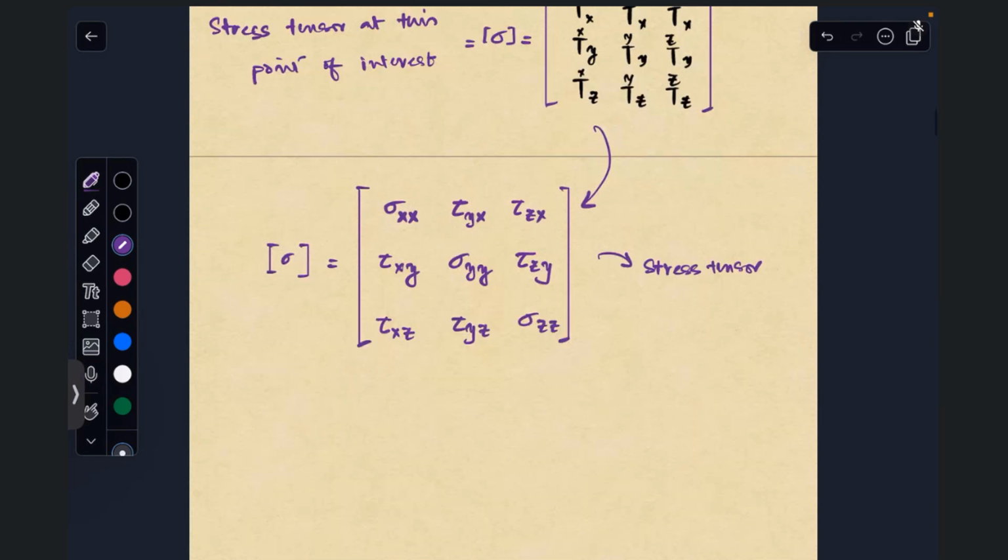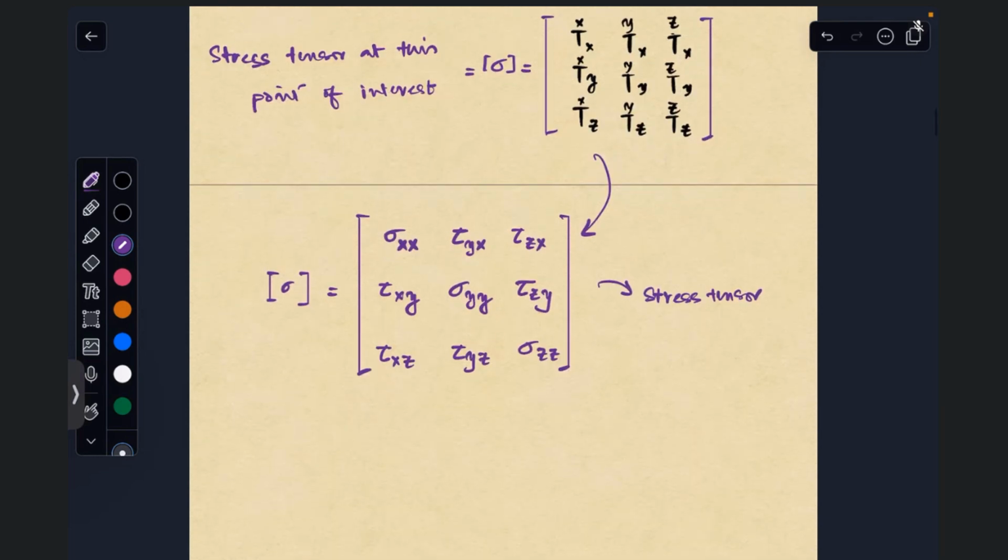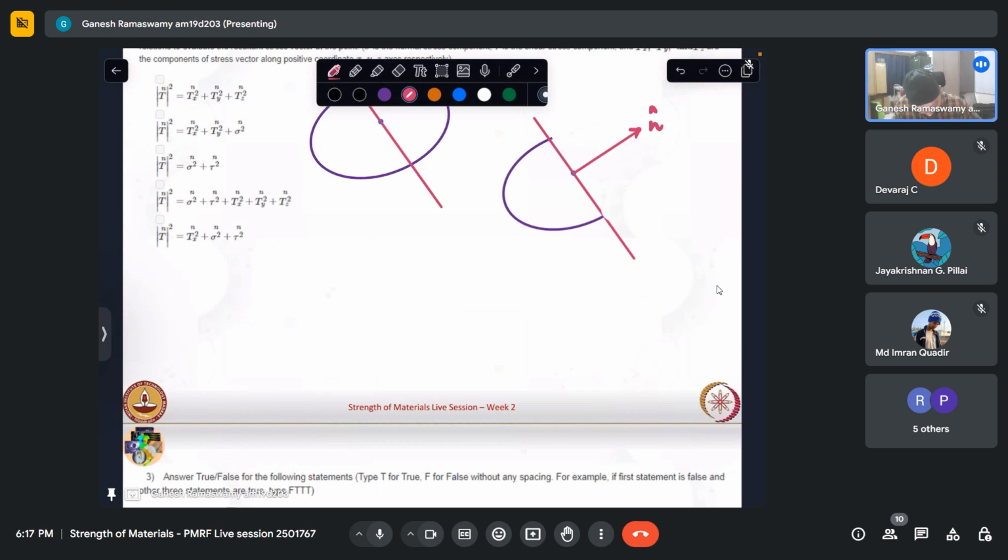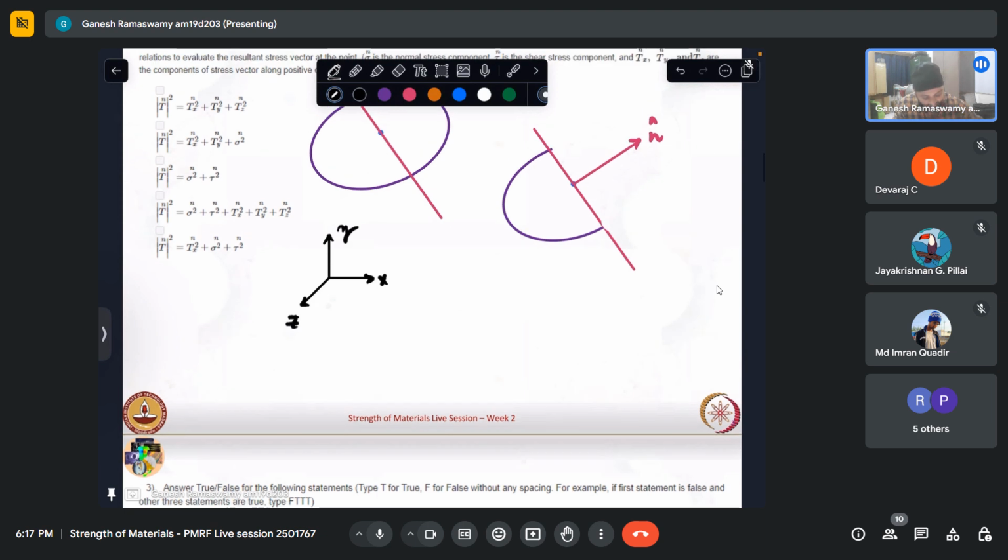Now we will see how this comes in handy for finding out the traction vector on any plane for the same example as discussed in the session. So we have the coordinate system as such. So we have x, we have y, and we have z.